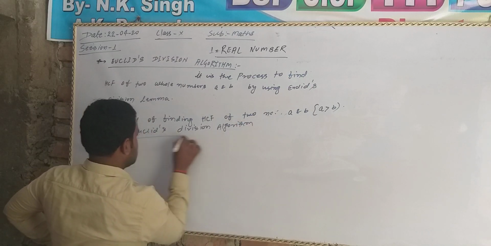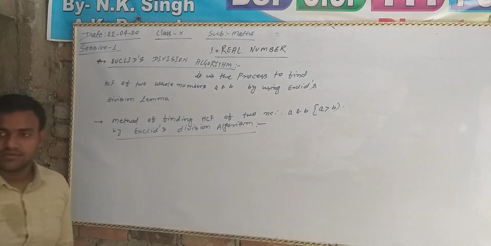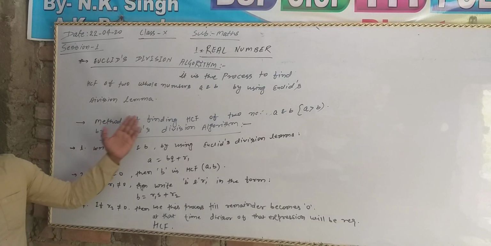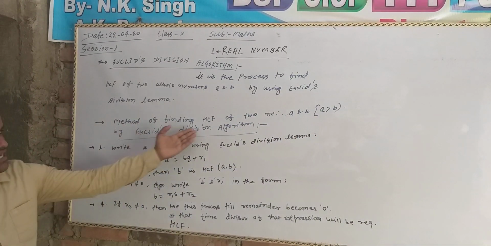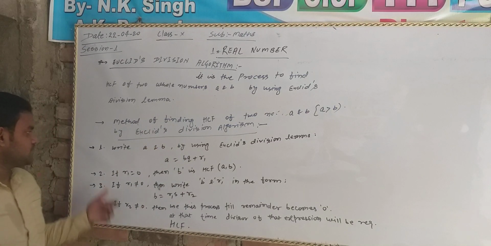Okay, I am going to write each topic line by line. Just pause it. Okay, method of finding HCF of two numbers a and b, a greater than b by Euclid's division algorithm. These are the following steps which we have to use to find the HCF of two numbers by using Euclid division algorithm or lemma. Let's see.